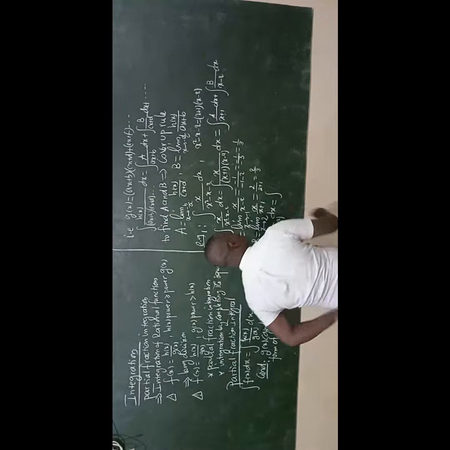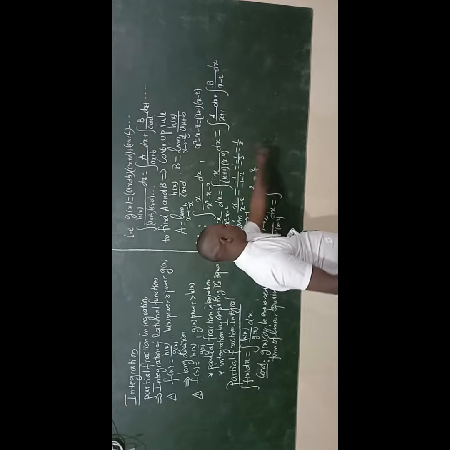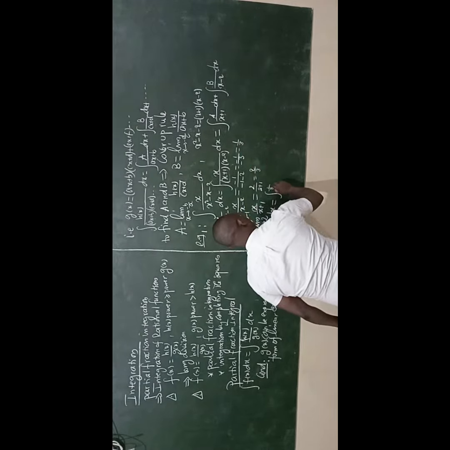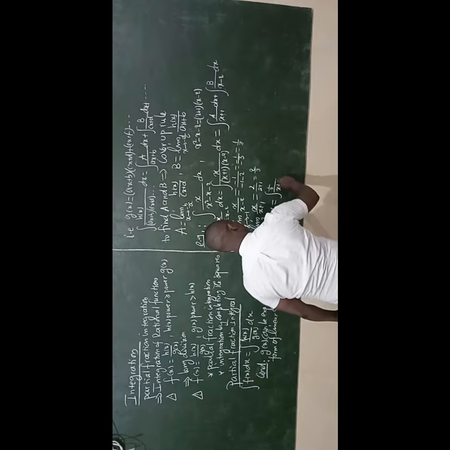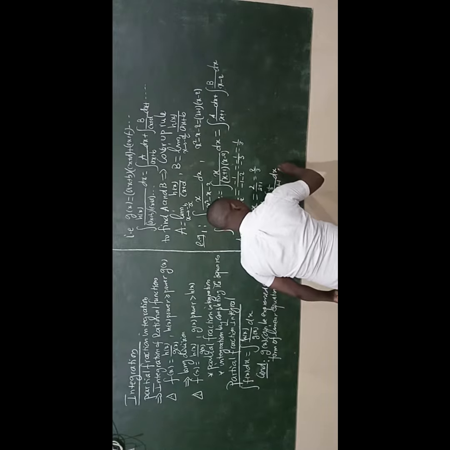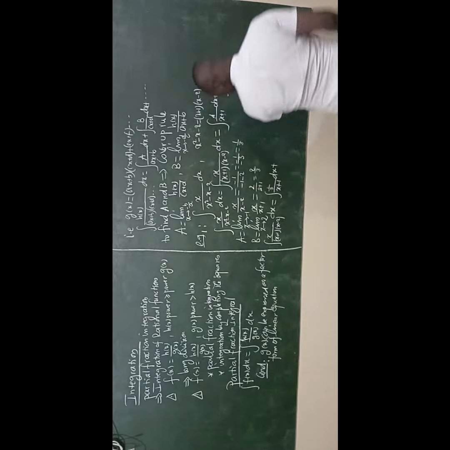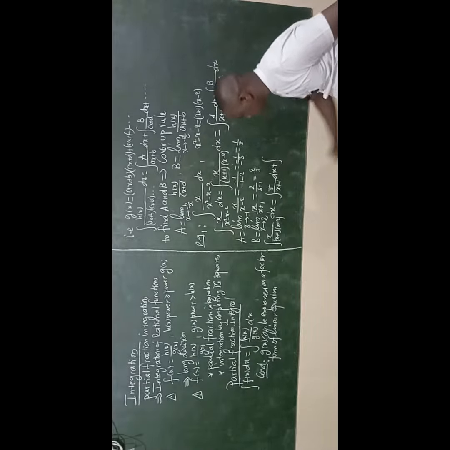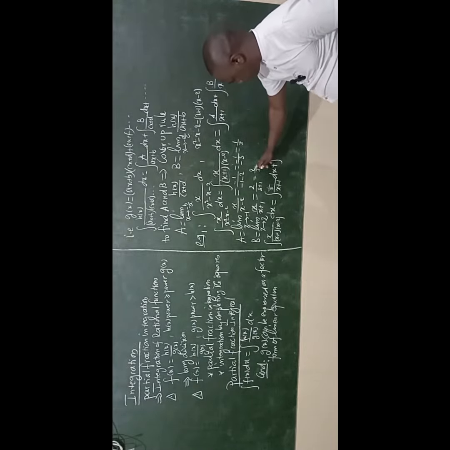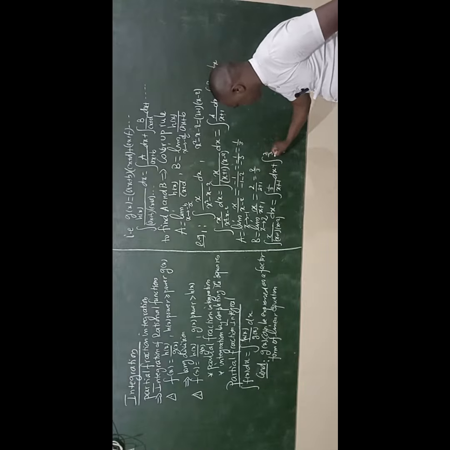The integral of x dx is equal to the integral of half the value of a, that is 1 over 3, by x plus 1 dx, plus the integral of b value, which is 2 over 3, by x minus 2 dx.